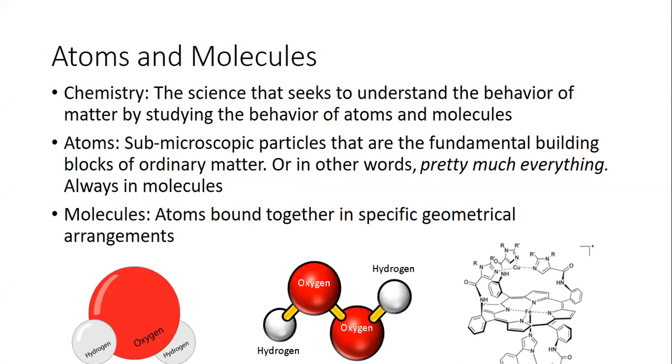Chemistry is really a subject that tries to understand why matter, why the environment, why anything we can interact with behaves the way it does by studying the things that make up matter. Those things being atoms and molecules. And you can really go smaller than atoms, right?